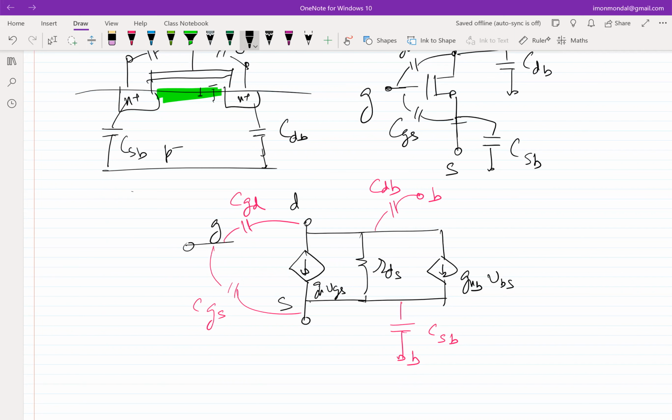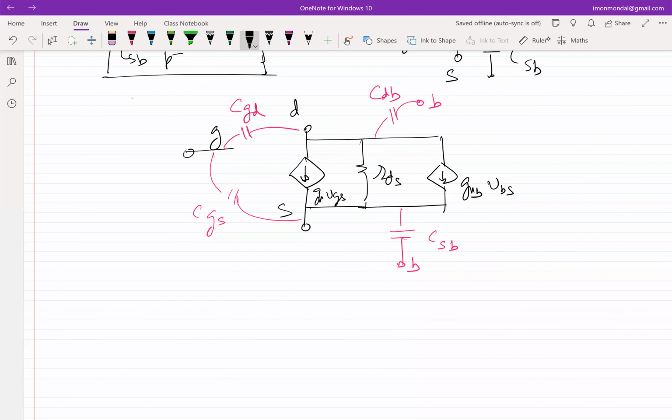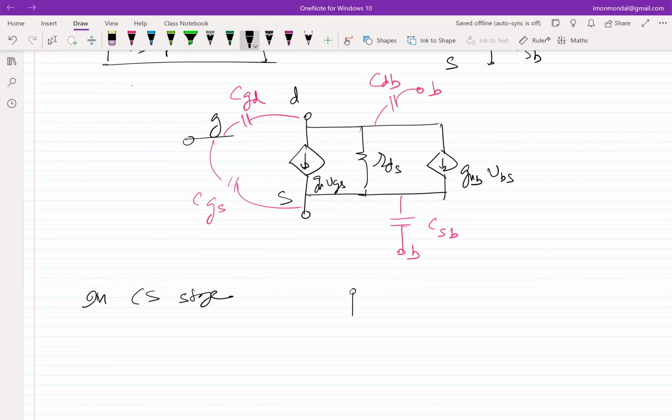For example, in case of a common source amplifier, your source goes to ground, right? It is a grounded source. If source goes to ground in a CS amplifier, then we can simplify this as: there is a capacitance to ground.